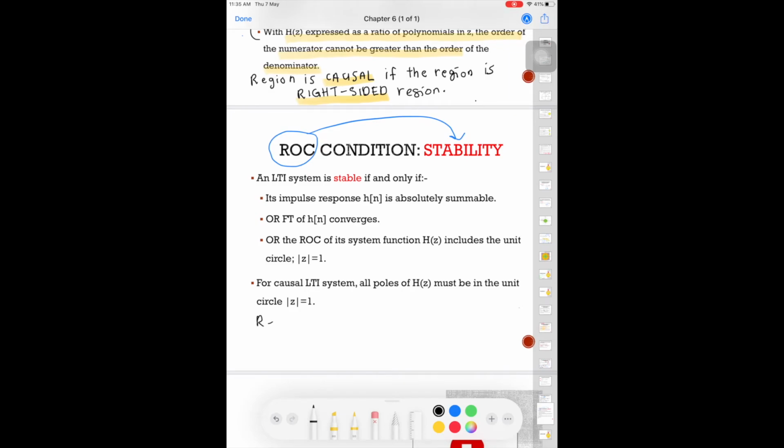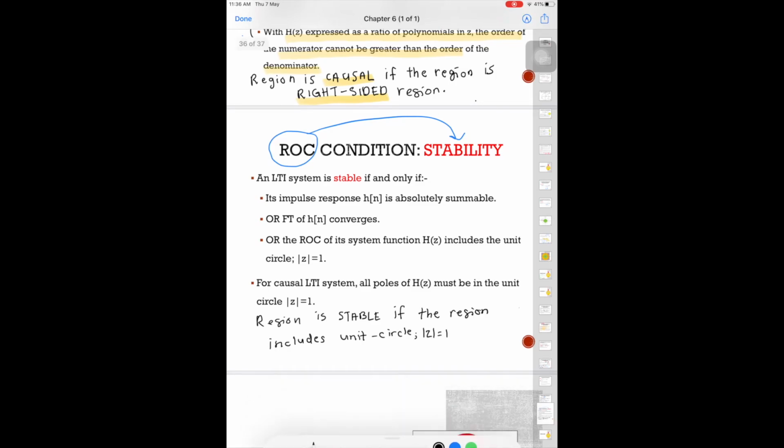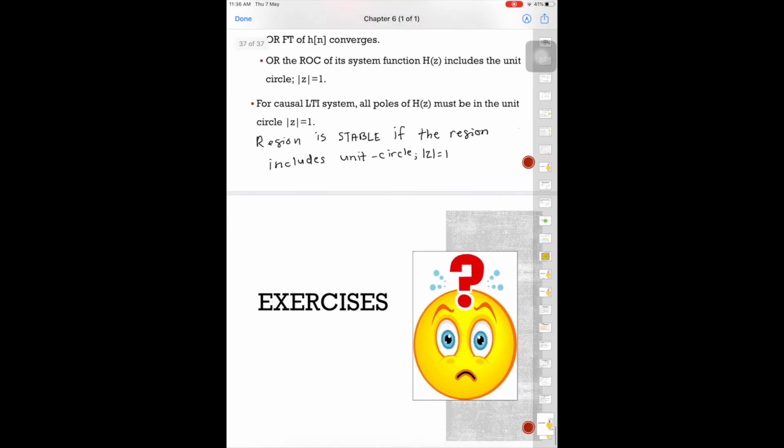It means the region is stable if the region includes the unit circle, which is modulus Z equal to 1.